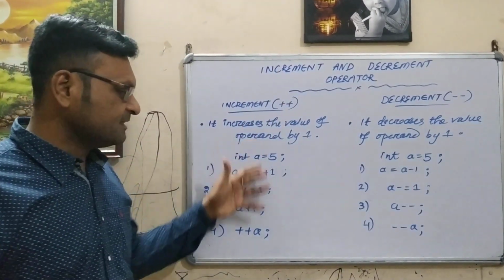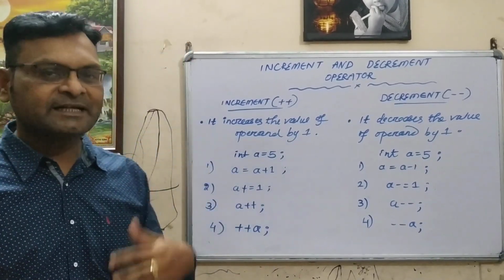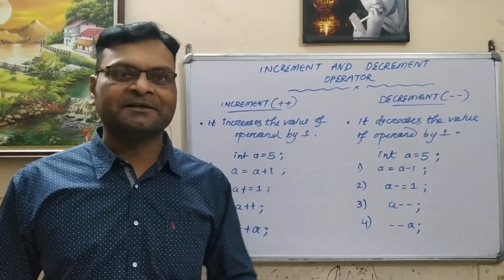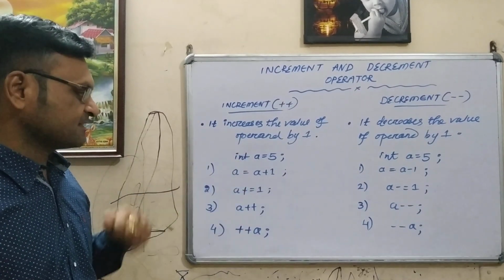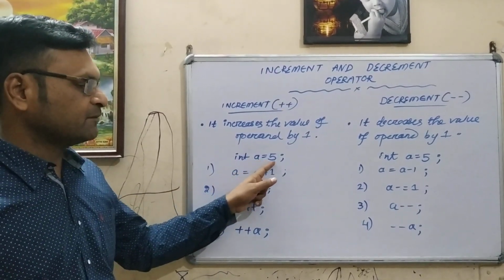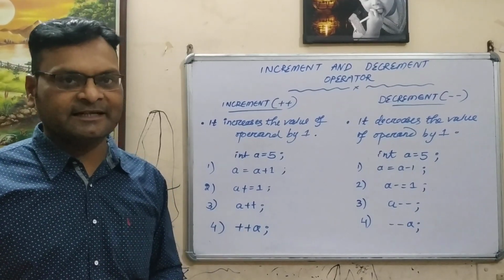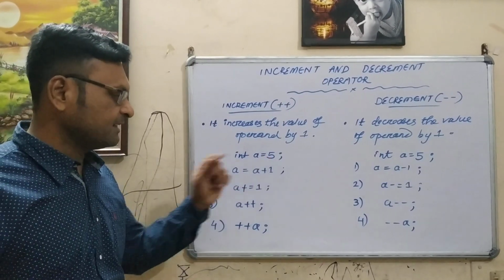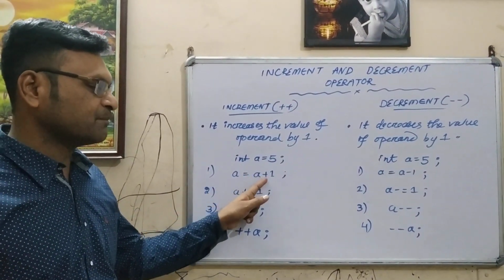Children, these are the 4 different ways by which you can increase or decrease the value of an operand by 1. Now let's see the increment side. int a = 5; variable a of int data type is declared and assigned a value 5. Then the first process is a = a + 1.